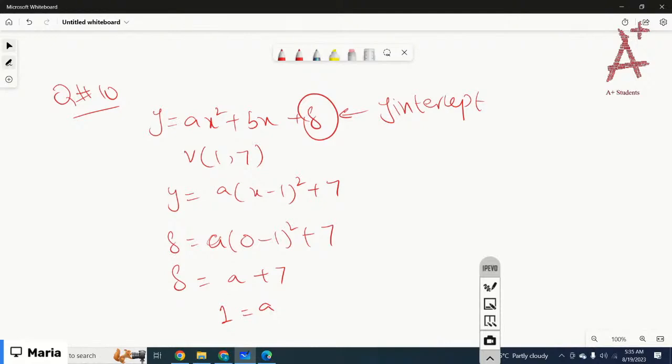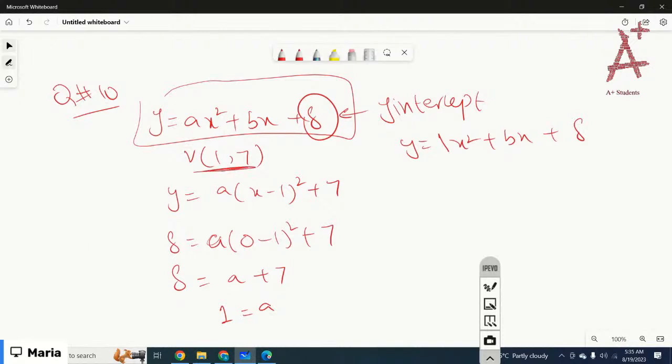Right? So the original equation is y equals ax square plus bx plus 8. That means y equals 1x square plus bx plus 8. You can just use the vertex. A is 1, x is 1, y is 7. 7 equals 1 square plus b times 1 plus 8.